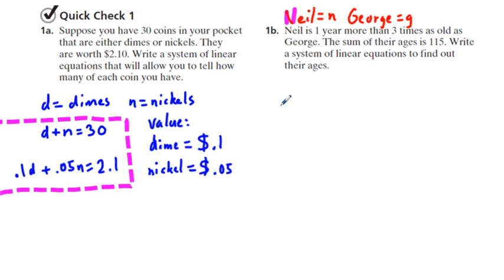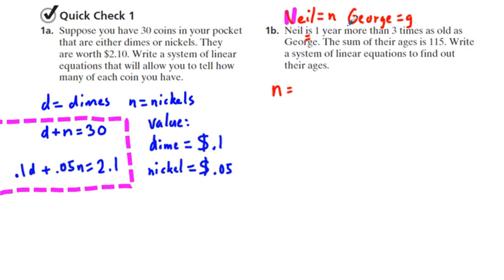Again, our equal sign is "is." Really we're talking about their ages, right? So Neil is our equal sign, then 1 year more.